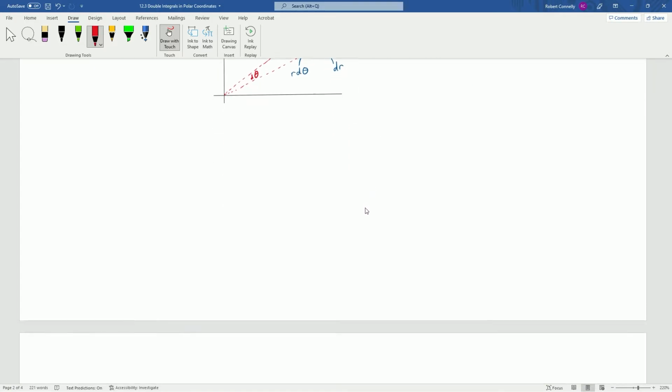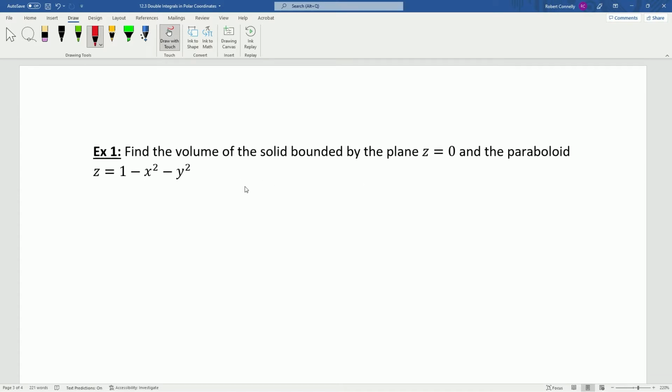Okay, let's take a look at a question here. Find the volume of the solid bounded by the plane z equals 0 and the paraboloid z equals 1 minus x squared minus y squared. So since this is bounded by the plane z equals 0 and the paraboloid here, we're going to have to plug in z equals 0 into our paraboloid to find our xy region. So this gives me x squared plus y squared equals 1 as the intersection of the paraboloid and the xy plane.